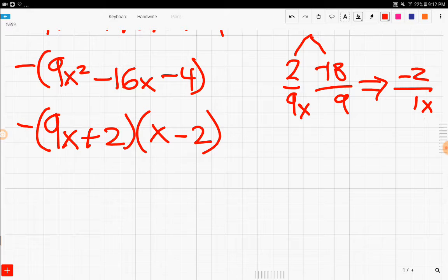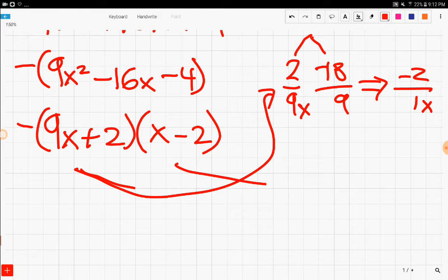And hopefully you can see where this is coming from. I took the denominator and multiplied it by x for each one, and then I took the top and added it on. So this comes from this, and this comes from this. So you can see how it works.